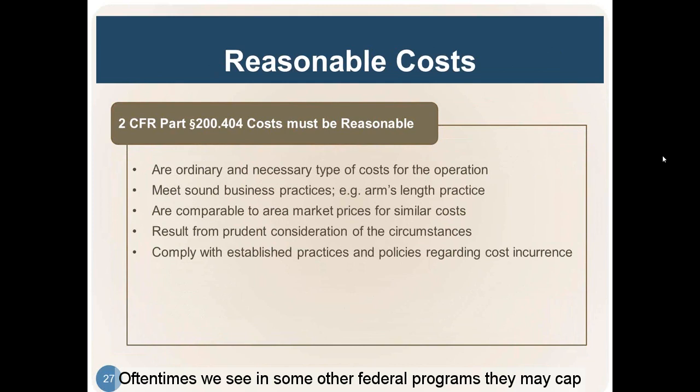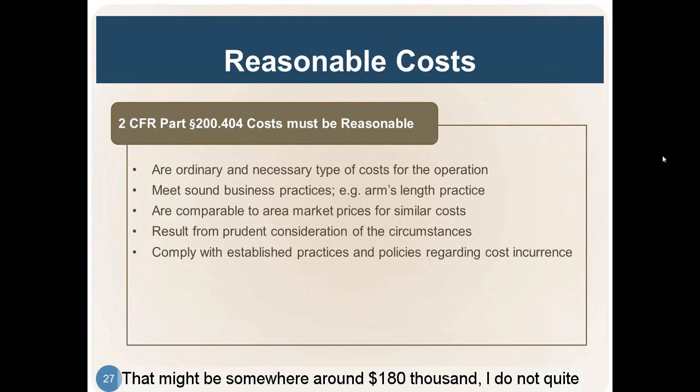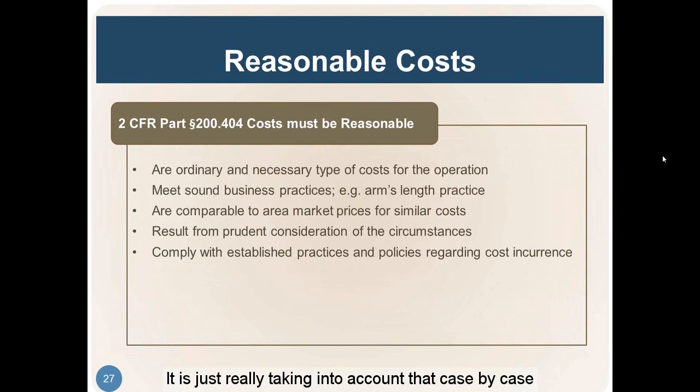Oftentimes in some other federal programs, they may cap it at the equivalent of a federal senior executive service person, usually at level 2. That might be somewhere around 180,000, I don't quite recall offhand, but you can look to see what is typical. So if you're seeing maybe $400,000 for a CEO, maybe that's not reasonable. Maybe it is, but it's really taking into account that case-by-case situation, getting the full context.